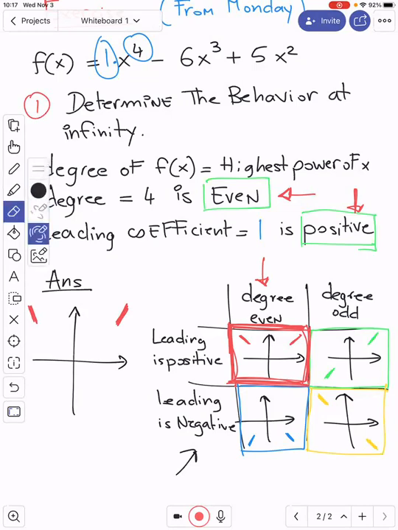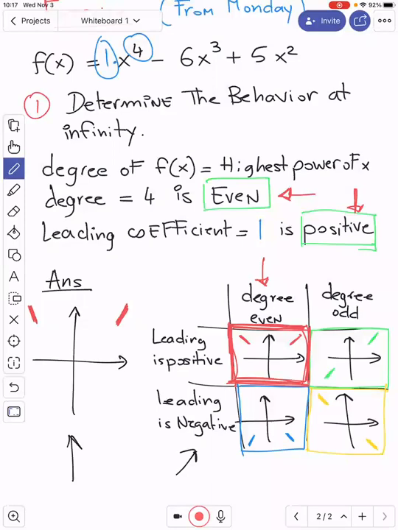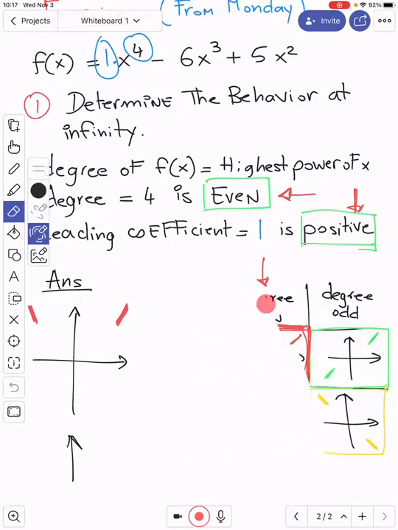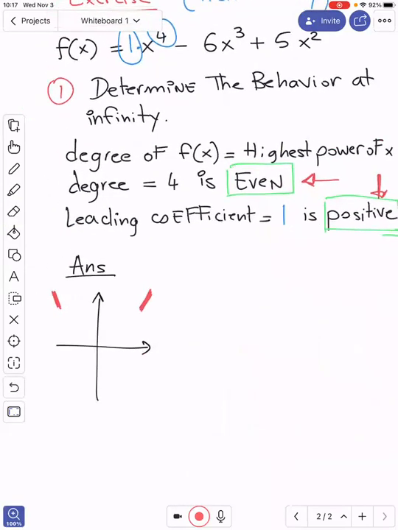And again, this table here is not part of the answer. The answer is just this. So I'm probably gonna erase this table because that's not part of the answer. I'm just explaining how I got the answer, and the answer is just this.